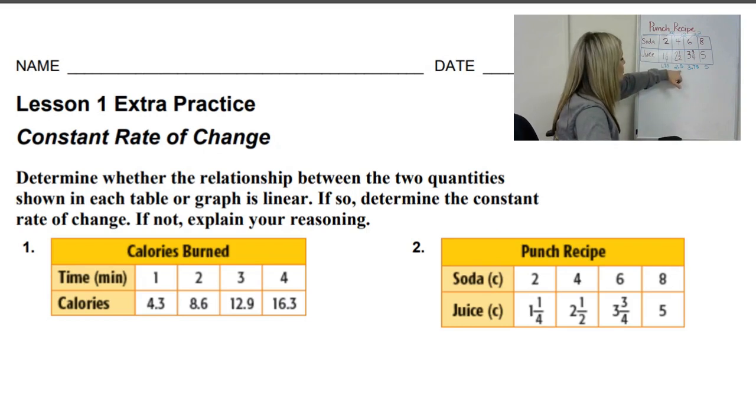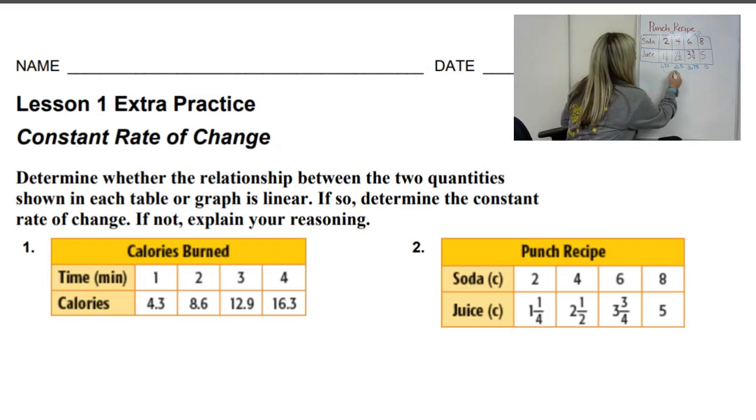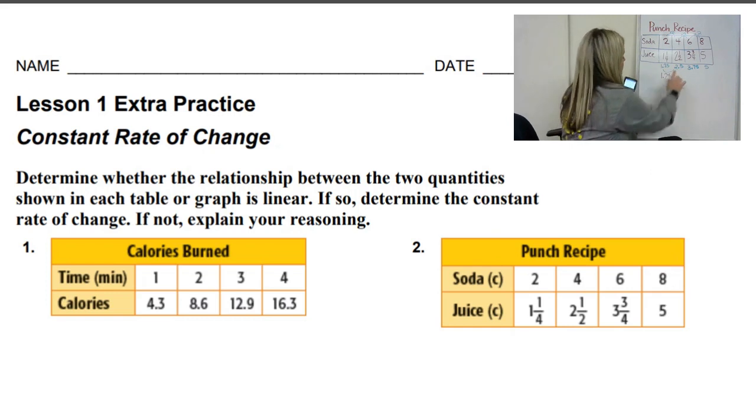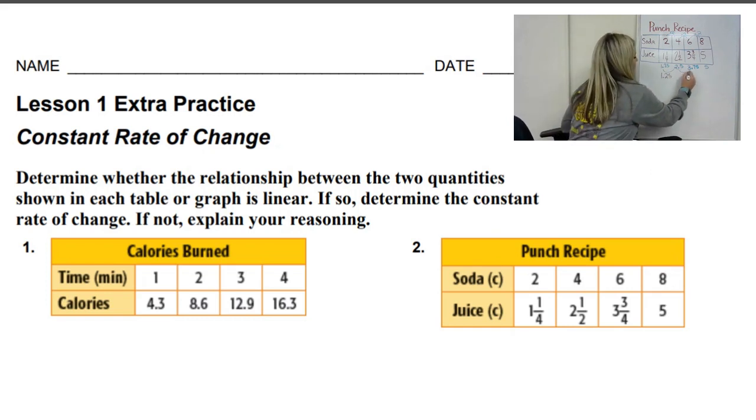All right, so if we do 2.5 minus 1.25, you're going to get 1.25. So this constant rate of change right here is 1.25, okay? Now, 3.75 minus 2.5, and we have 1.25 again.